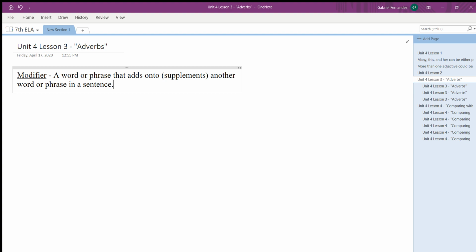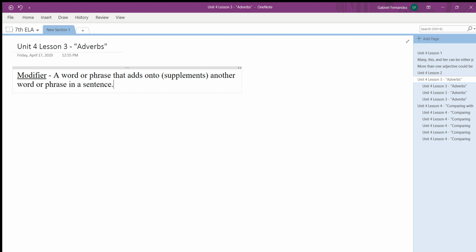So we use adjectives to give more information about nouns or pronouns in a sentence. We don't just say, for instance, that dog. We could say that big brown dog, to give us a more definitive idea of which dog we're talking about, okay?